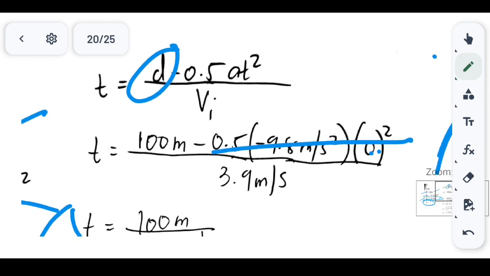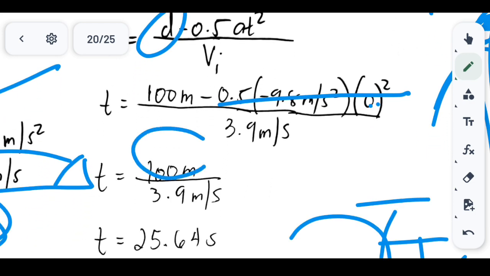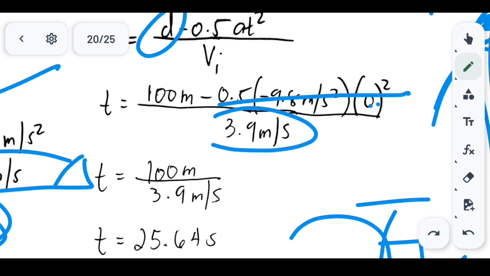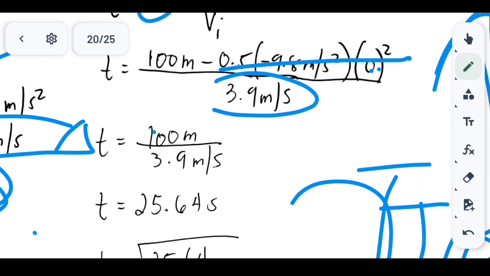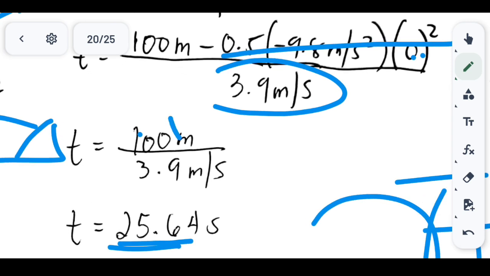And then you are left with 100 meters divided by 3.9 meters per second, our initial velocity. So, dividing that, 100 divided by 3.9, you will have 25.64. You can also use 25.6, that's okay. And then, for our units, numerator and denominator cancel, with exponents 1 minus 1 equal 0. And then, you are left with the second unit.